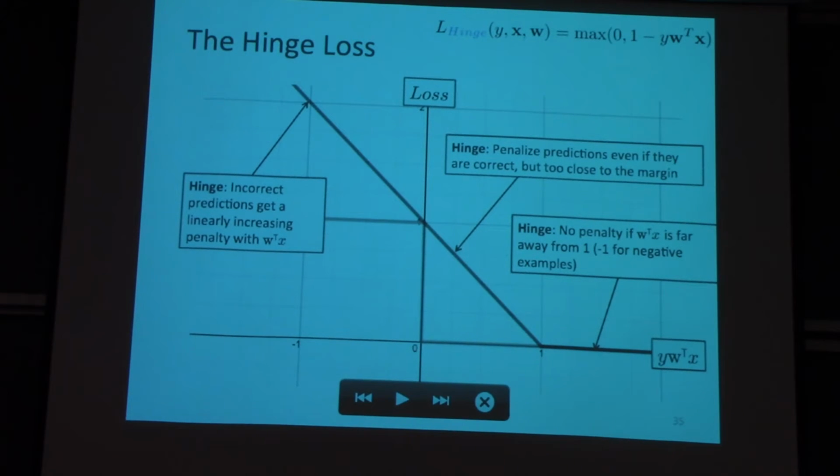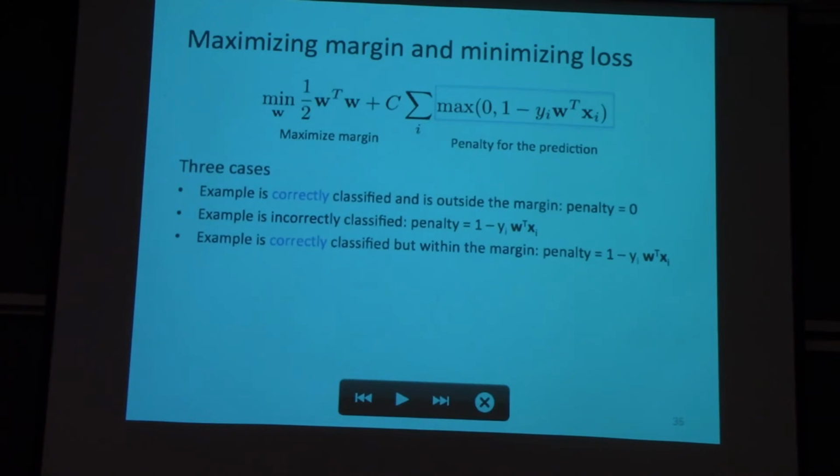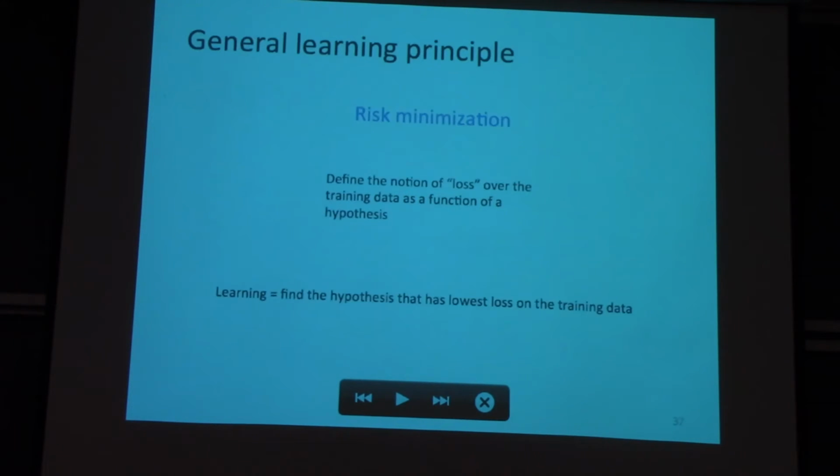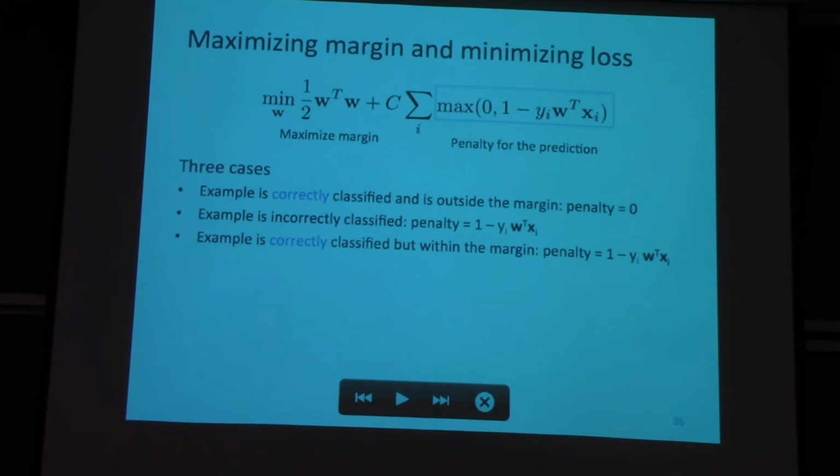So we can interpret the SVM objective by using this hinge loss. So let's go back to the objective function. First term is maximize the margin.